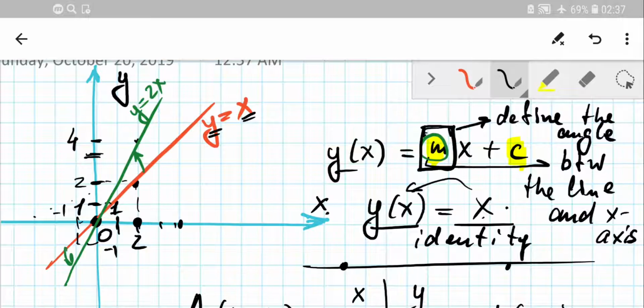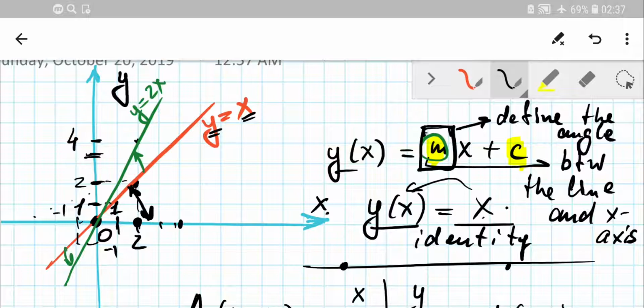Actually, it also defines the angle between your line and the y-axis, but by agreement of all mathematicians in the world, the line is defined relative to the x direction. So basically we will use this angle to the horizontal x-axis. That's why m is responsible for this angle.